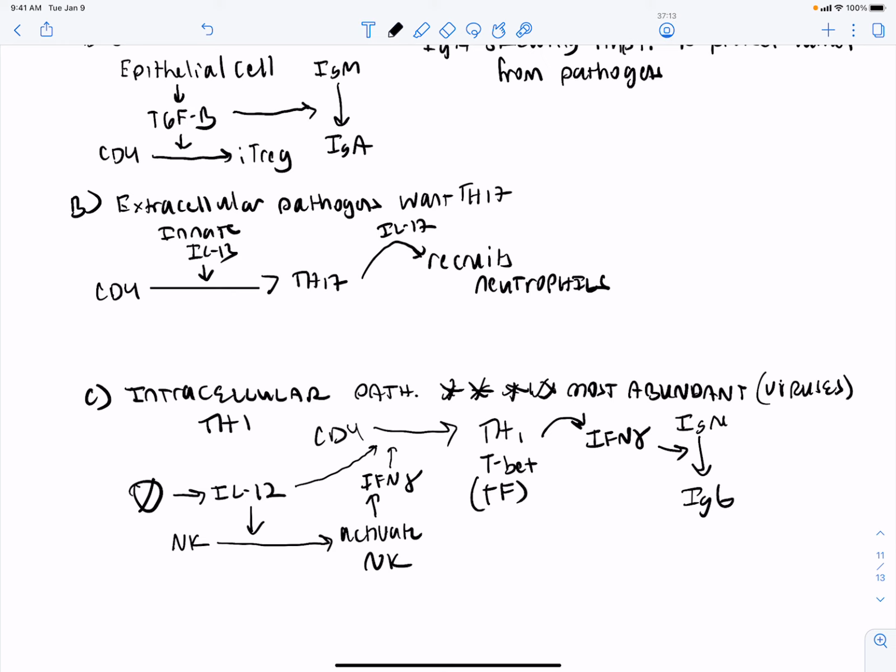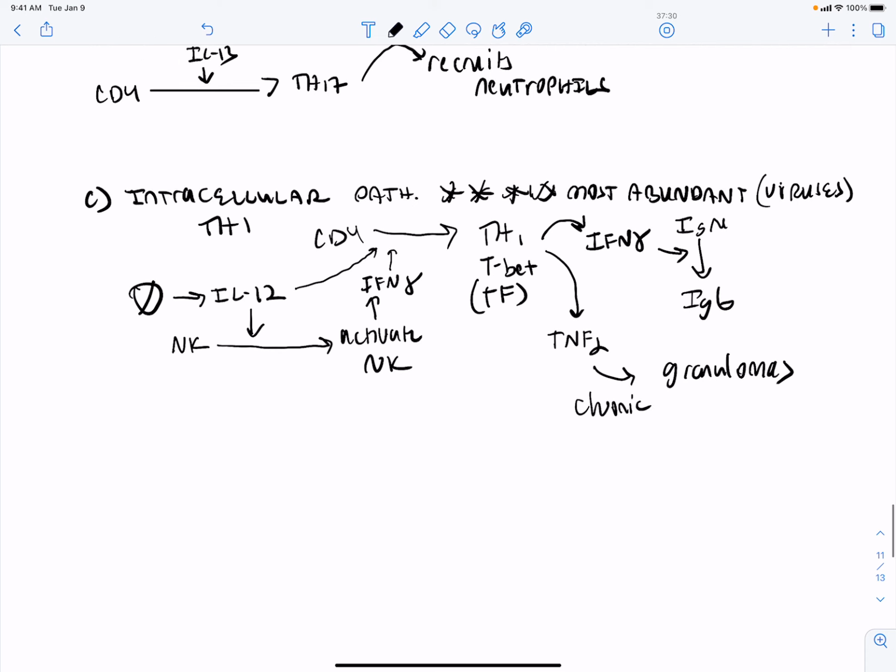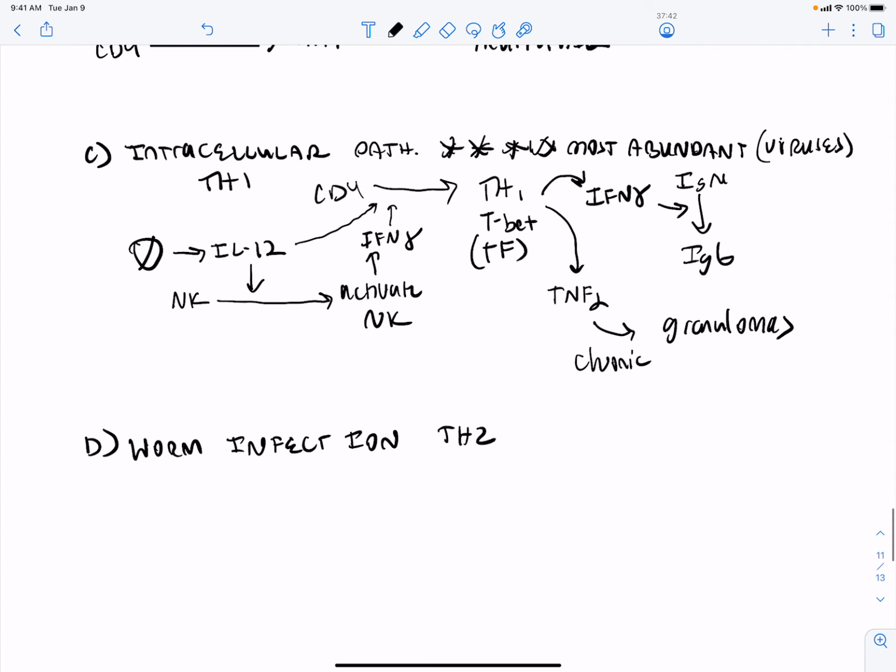In a chronic state, you also have TNF, and in a chronic state, you get granulomas. The next one is a parasite, worm infection. This is a Th2, and so you have your T cell and some signal that's not quite understood.